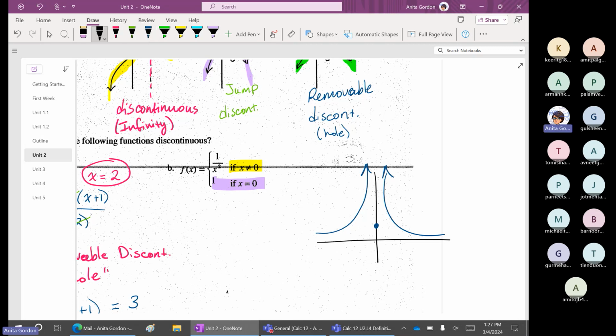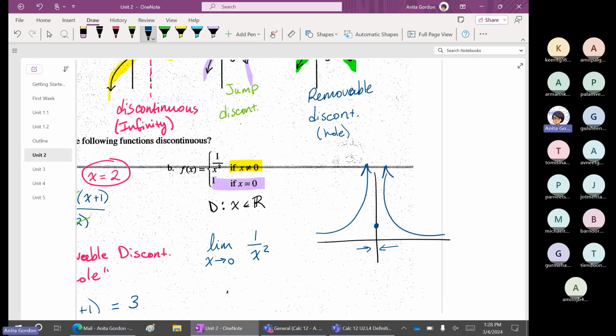So in this function, I have a domain of all real numbers. However, if I look at what happens to the limit as we approach 0, I have to look at the function 1 over x squared, because I'm not looking at x equals 0, I'm looking at around 0.